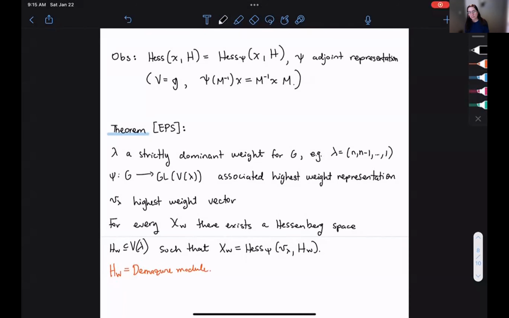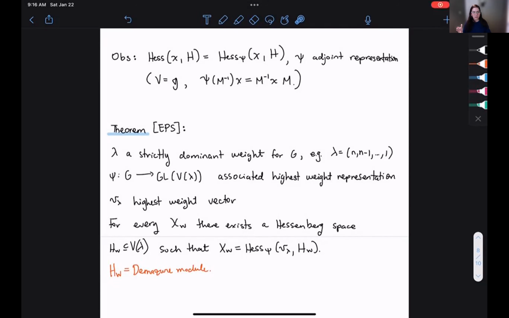You just act on this V by W inverse, and you have the B-module generated by that. And the classical literature, in particular a result by Bernstein and Gelfand, kind of gives us this theorem.